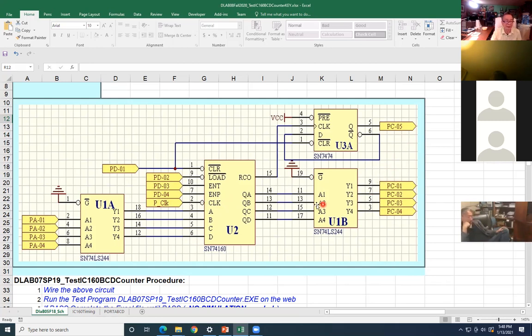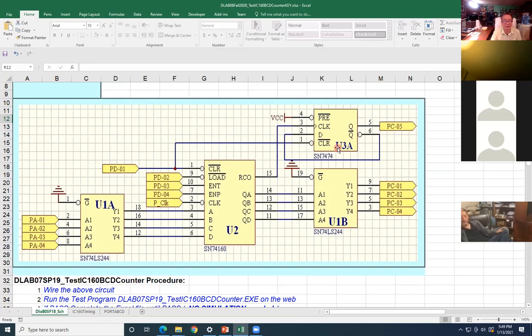Okay, so now if the clear fails, if you're looking at the output coming out, you know which pin has failed. For example, pin number 5 is supposed to be 0, but it's not 0. That means something is wrong with U3A.